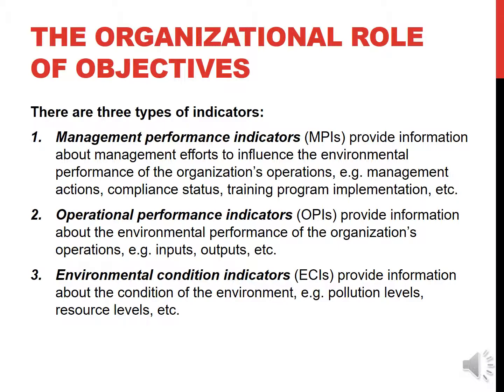Things like management actions, compliance status, training program implementation. Operational performance indicators provide information about the environmental performance of the organization's operations, like inputs and outputs. This would be pounds of waste, things like this. Environmental condition indicators are information about the condition of the environment, things like pollution levels, resource levels.